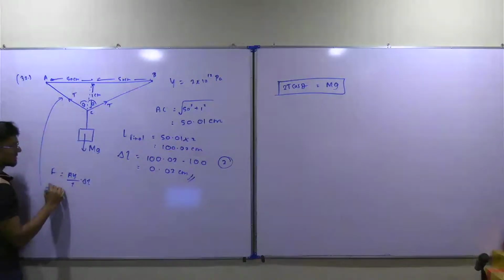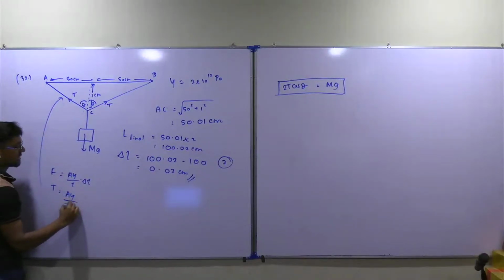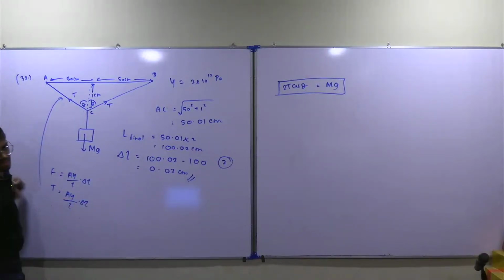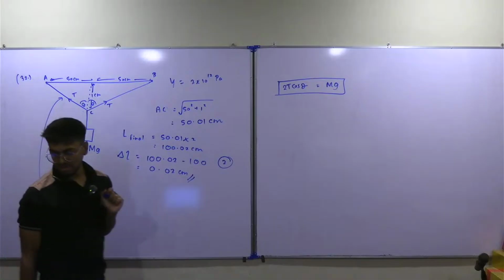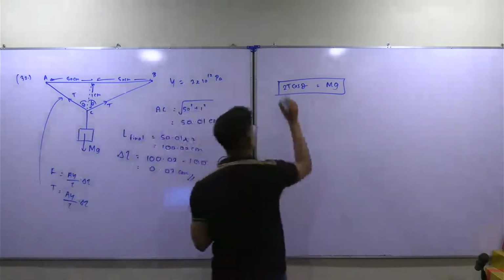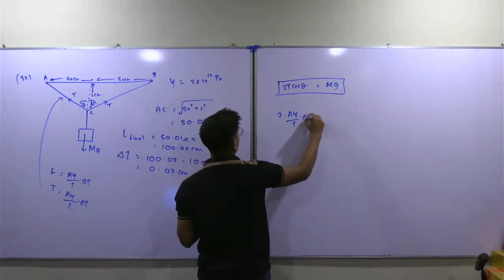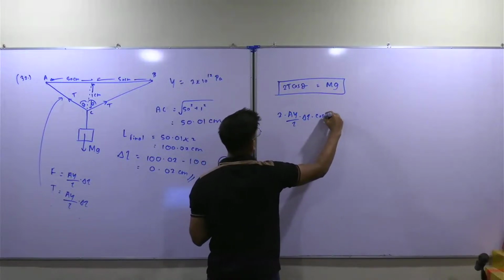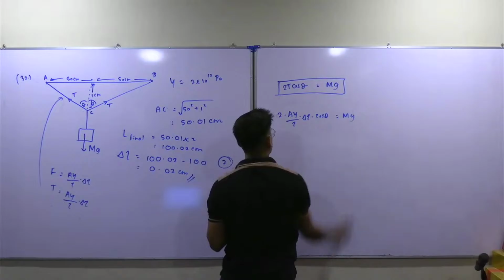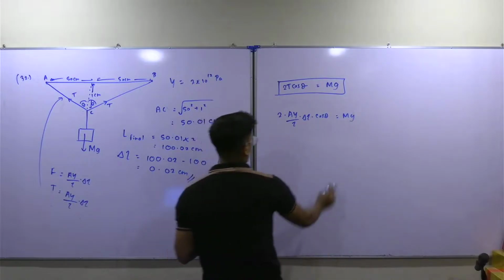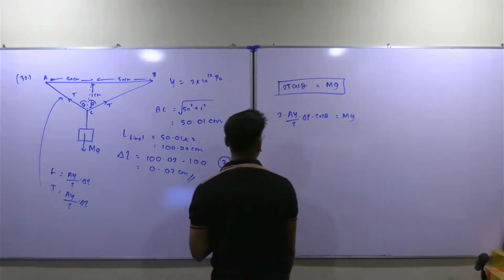F, this tension, equals area times Young's modulus over initial length times delta. So you can write that in place of T. So T is AY over initial length times extension, times cos theta, should be equal to mg. Now the only unknown term is mass. You can find that.